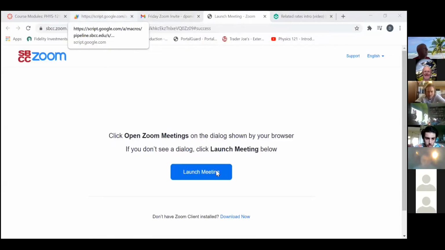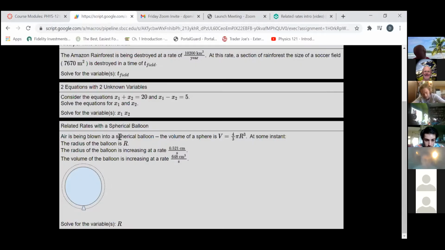There we go. That's the related rates problem with the spherical balloon. Good, good. Let me do a screen grab here. Related rates. Let me copy. Oh, it's a balloon, huh? Nice.